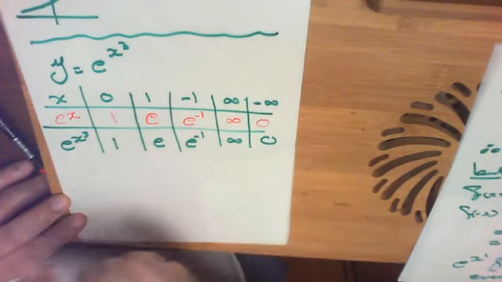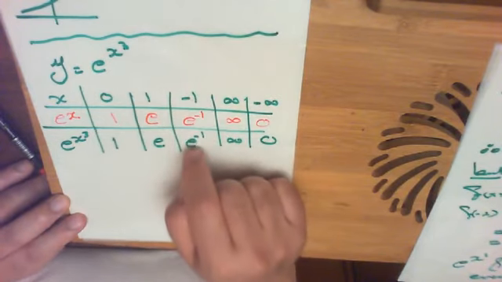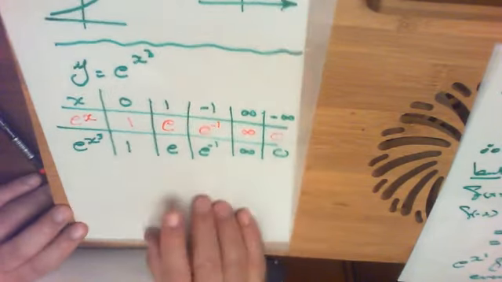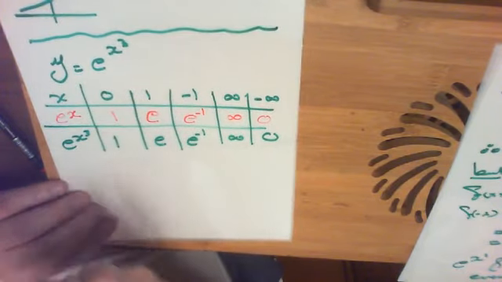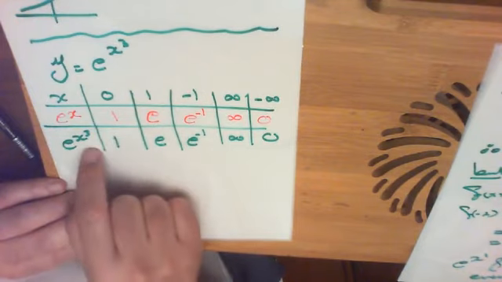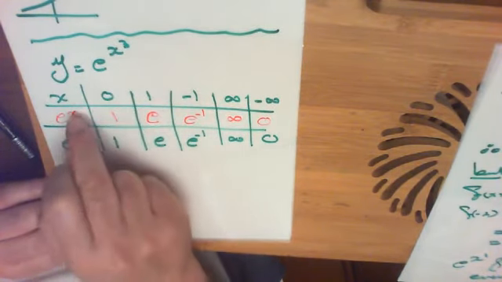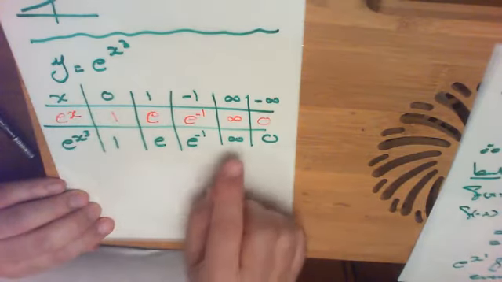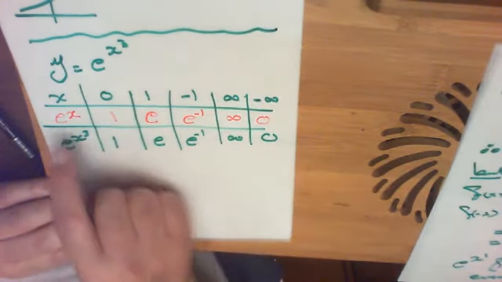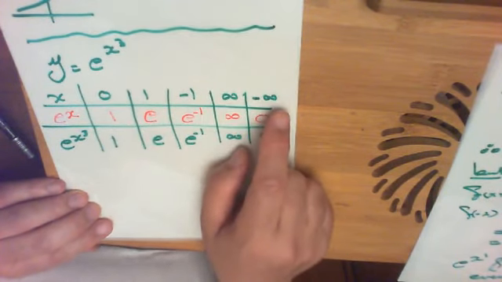And the third point, minus 1 for x and e to minus 1 for y. So e to x cubed intersects 3 times with e to x. And they have the same behavior as e to x as x approaches infinity and as x approaches minus infinity.